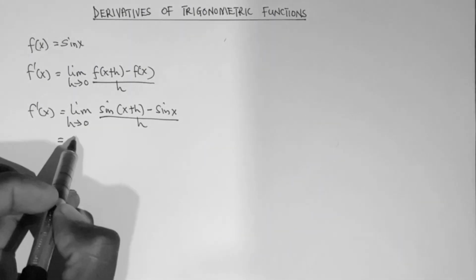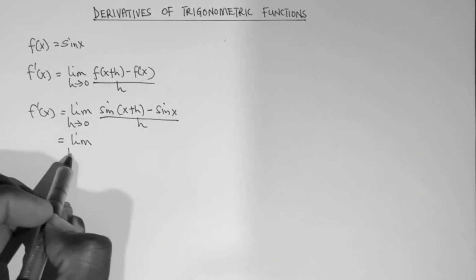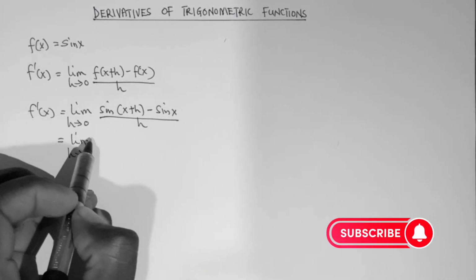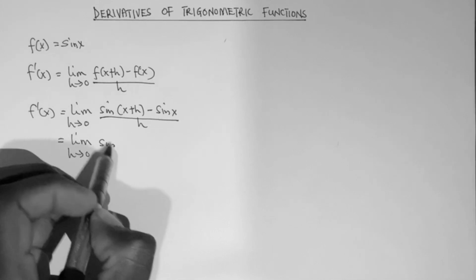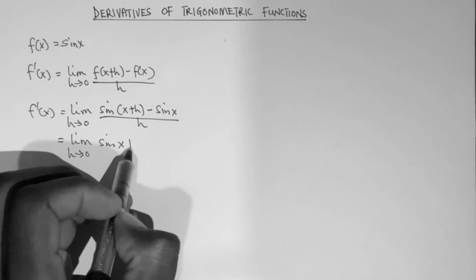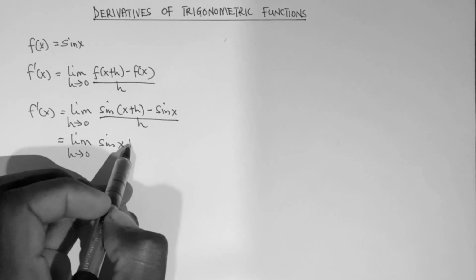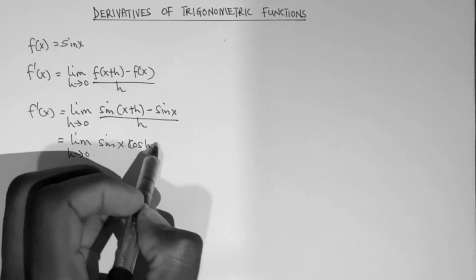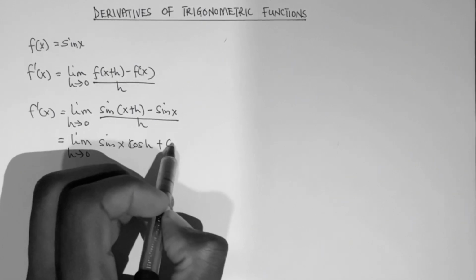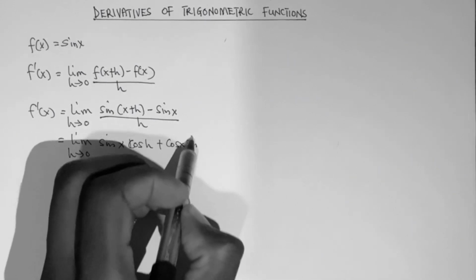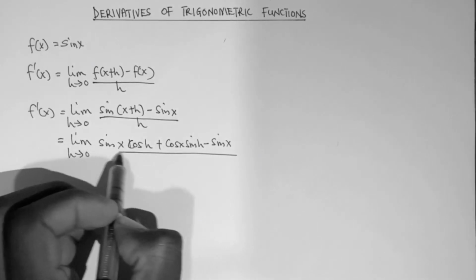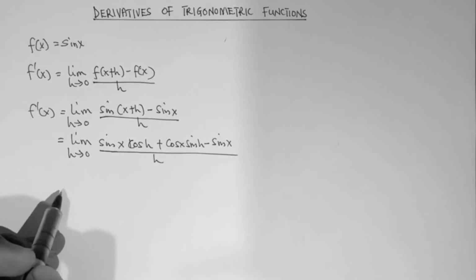So if we simplify further, this is the limit as h approaches 0. Now sine of x plus h is the same as sine x cos h, plus cos x sine h, then minus sine x, divided by h.